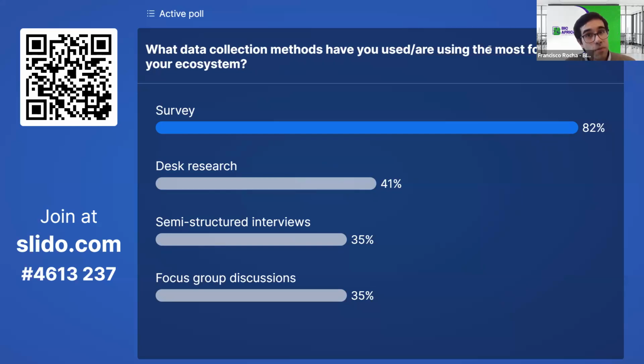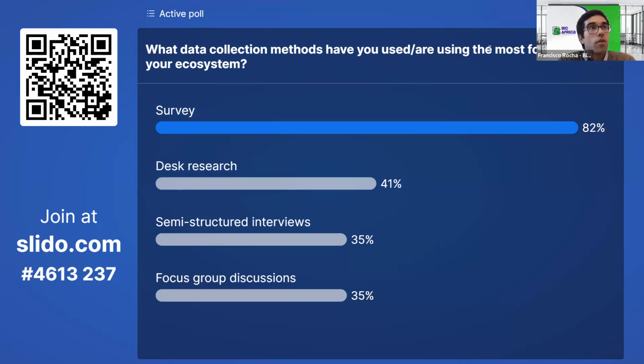Also, the second placed one is the desk research, which also makes sense. It's probably, as we were discussing at the beginning, the one that should be done first to have an overall sense of how the ecosystem is positioned. And it's, of course, more accessible because we can just use online tools to search for this information on available documents online, which provide very good inputs on what we want to further understand.